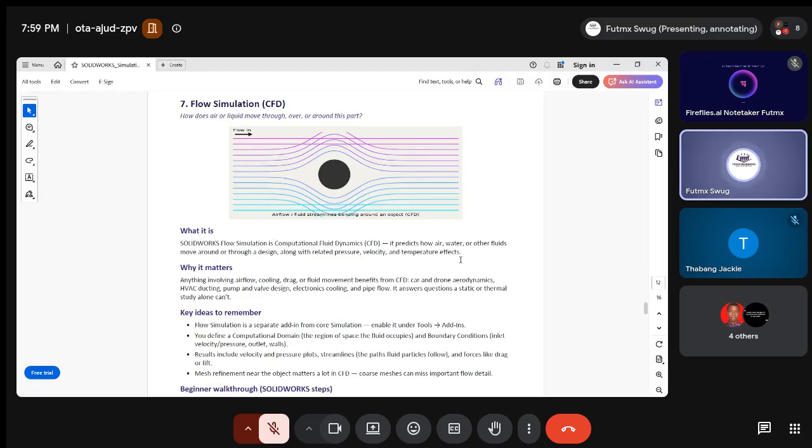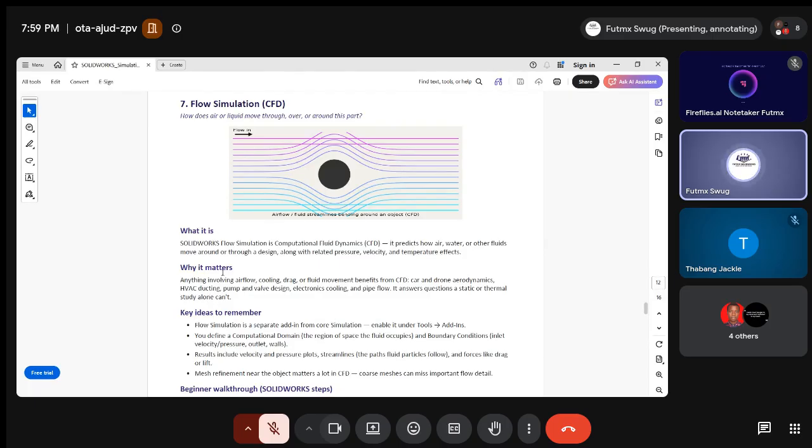There are several other plugins like that. It's one of them that helps you to carry out flow simulation. So basically, you are trying to see how pressure difference, velocity, and temperature affect your particular material.